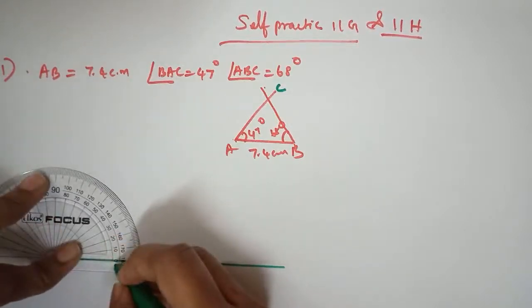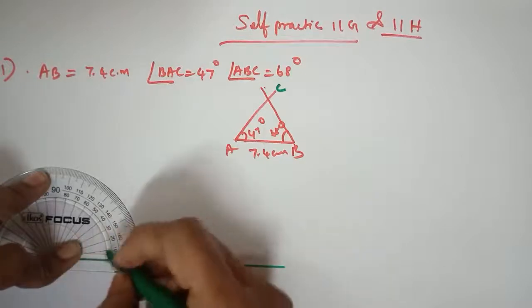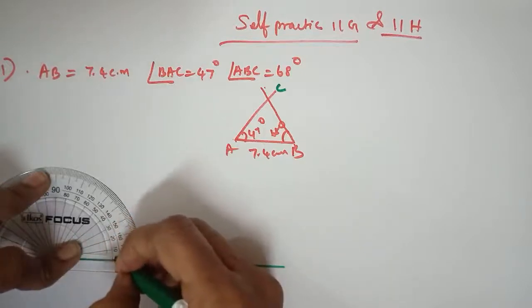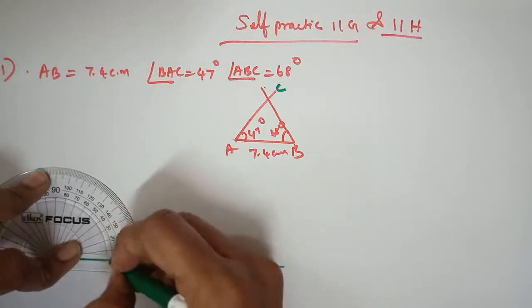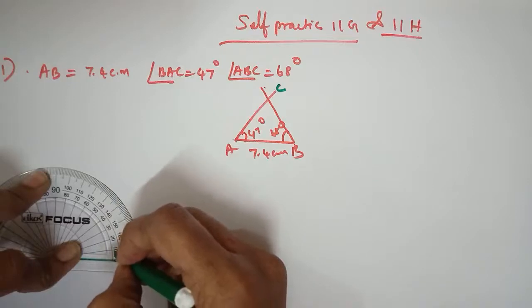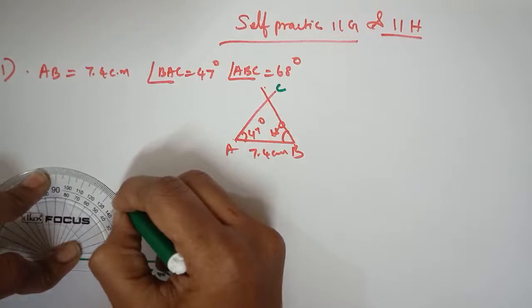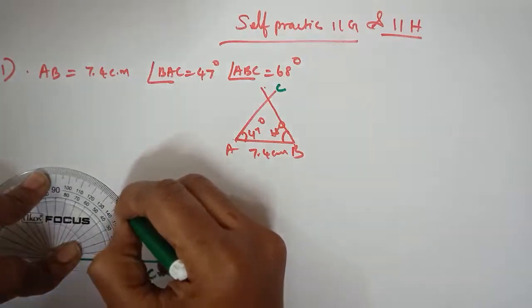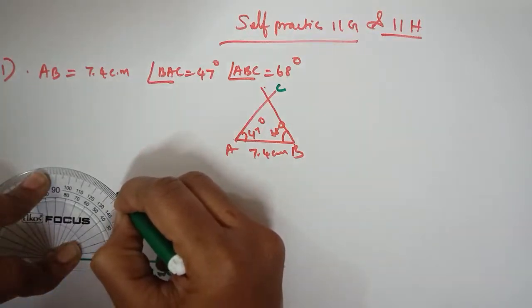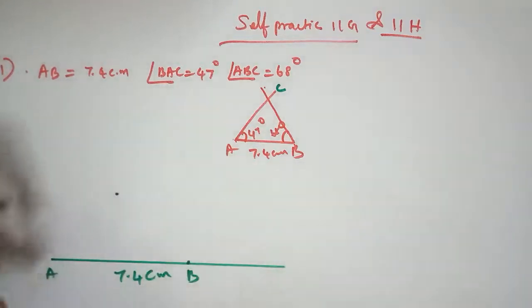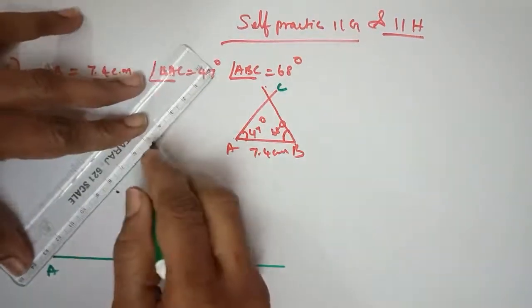You have to start from here, because the baseline is here, so downside points you should see the downside values. 10, 20, 30, 40, 47. So this is 47. Then you should extend the line.